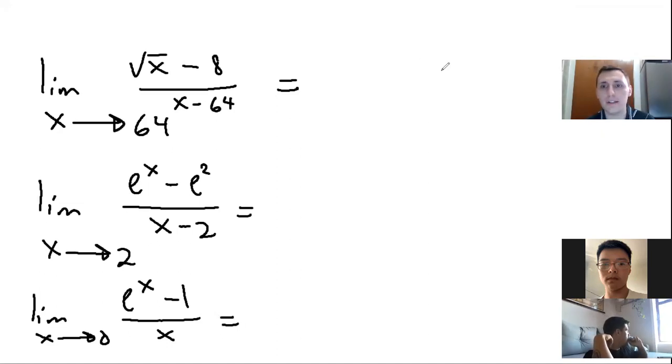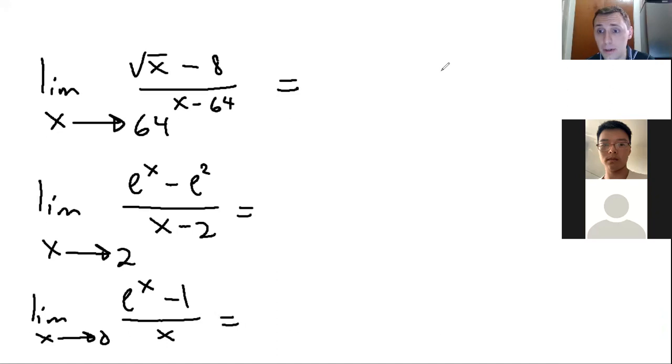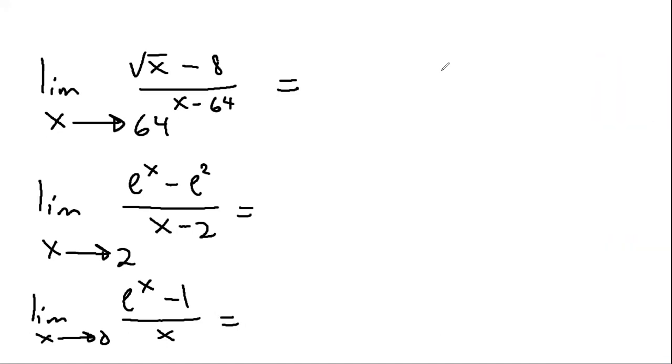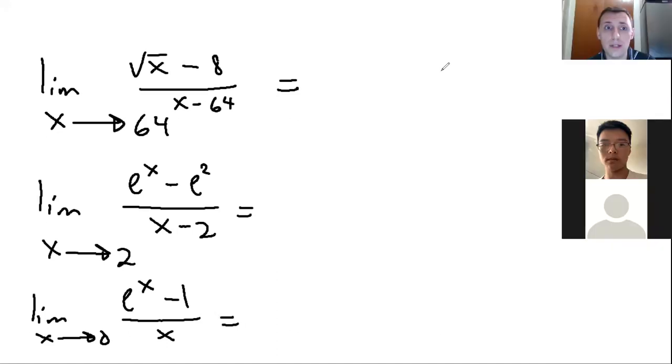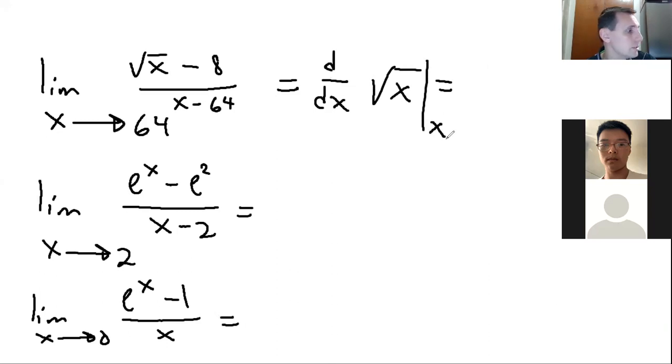All right, let's solve it. I mean, this is something you're supposed to know right away, guys. So what is this? This is the derivative of root of x at exactly x equal to 64, right? So the answer is 1 over 2 root 64, which is 1 over 16.